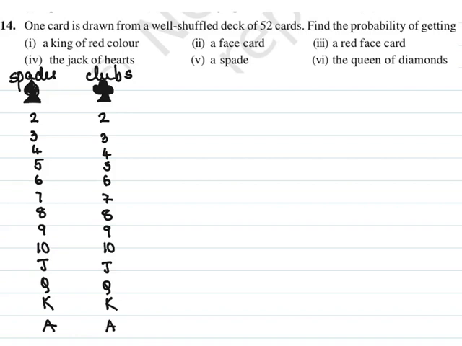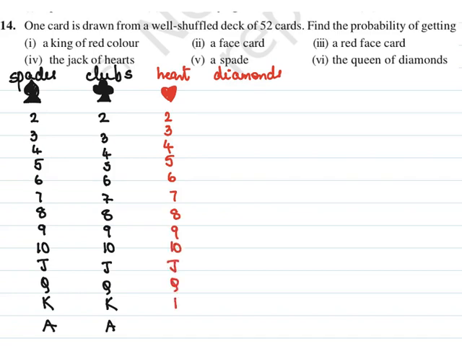Then we have the red cards. The red cards are that of the hearts and the diamonds. The hearts again start with 2, 3, 4, 5, 6, 7, 8, 9, 10, jack, queen, king, ace.